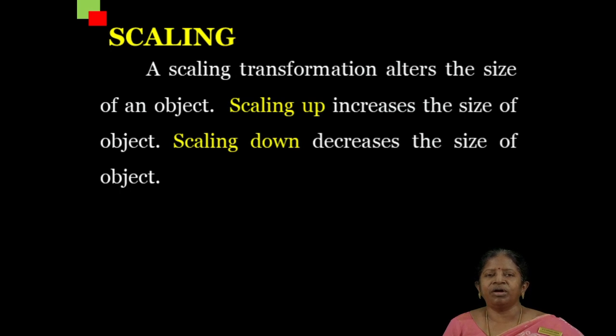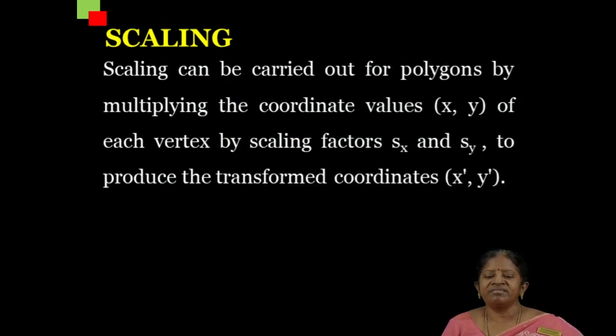Next, we'll move on to the scaling. Scaling is a transformation which is used to change the size of the object. We will be increasing the size of the object or decreasing the size of the object using scaling factors Sx and Sy.